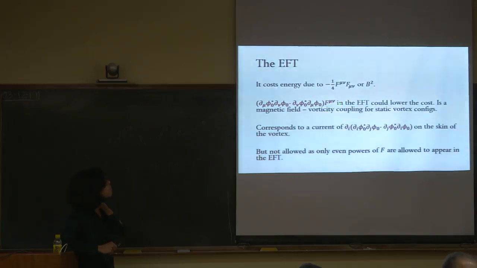If you were to have a magnetic field inside the core of a vortex, it would cost you some energy, but this term could lower the energy. How would you see that? One thing you can do is plug in your vortex ansatz here. It's a static configuration, so all the time derivatives are 0.